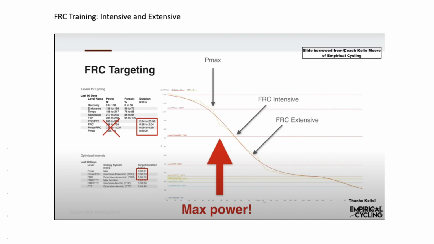And what we're pointing out here is that max power that is right there at Pmax. In this FRC training, this is that downward slope. This is that bridging of the gap, long sprint type stuff. I'll talk about what he is referring to over here with the red X and whatnot here in just a second. But this visual display should illustrate the duration and the intensities that we're really, really talking about.